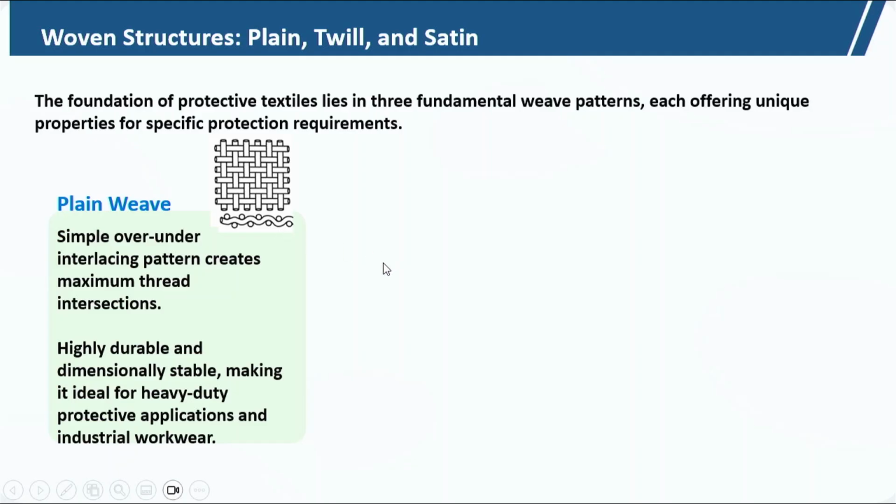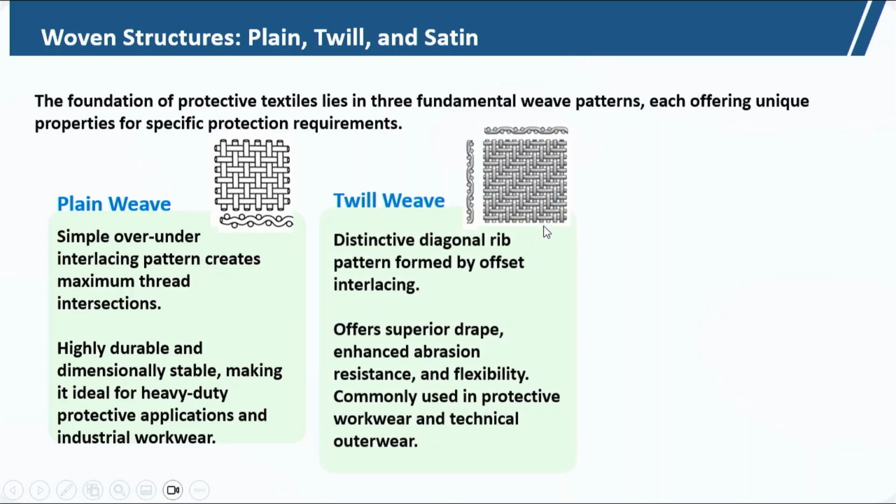It is highly durable due to the high number of interlacements, and it is dimensionally stable, making it ideal for heavy duty protective textiles. So, due to its dimensional stability, for heavy duty industrial workwear or protective applications, we can use this plain weave. Now, twill weave has a distinctive diagonal rib pattern, formed by offset interlacement.